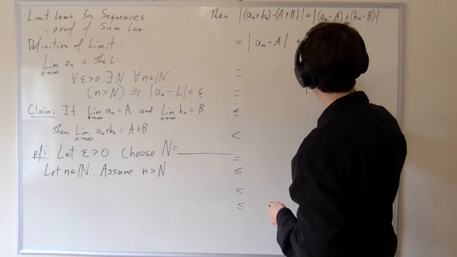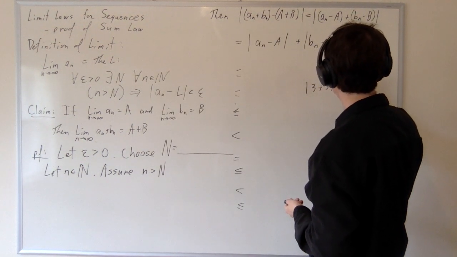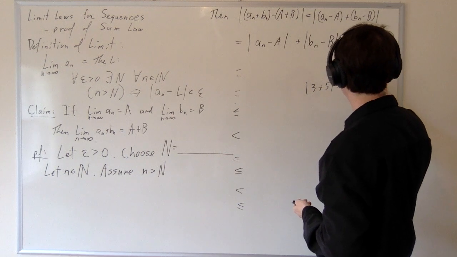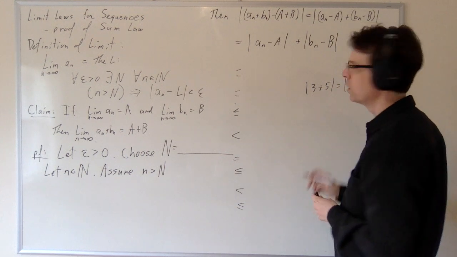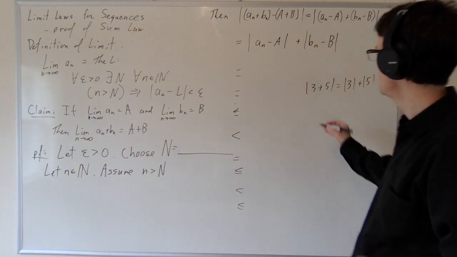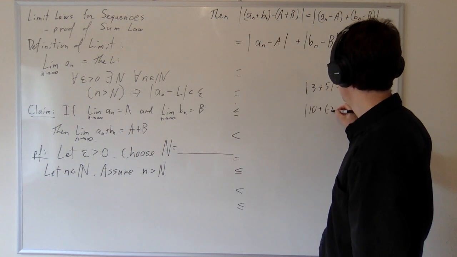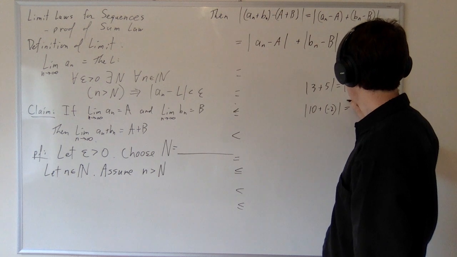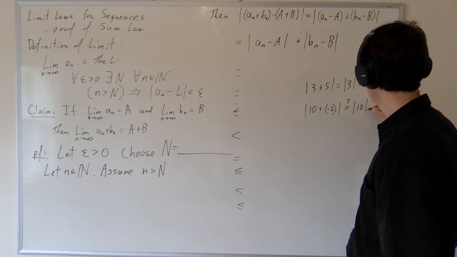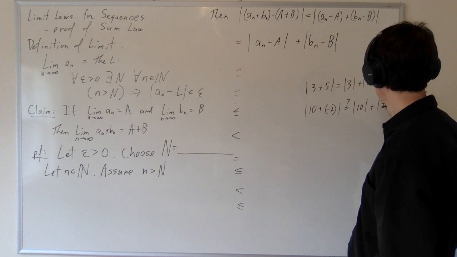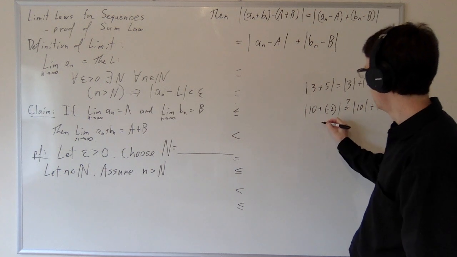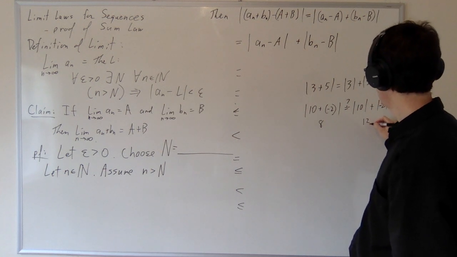The absolute value of 3 plus 5 is 8, and that's equal to the absolute value of 3 plus the absolute value of 5. But is the absolute value of 10 plus negative 2 equal to the absolute value of 10 plus the absolute value of negative 2? Well, no, because this one is 8 and this one is 12.